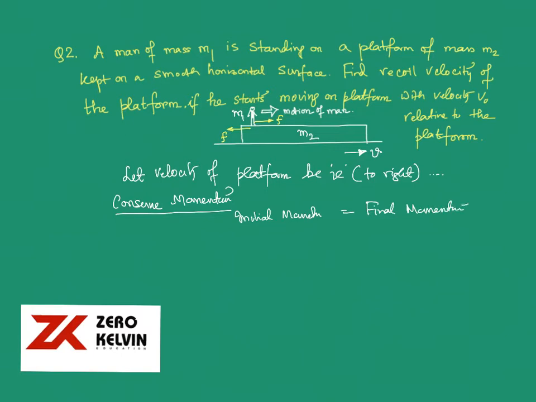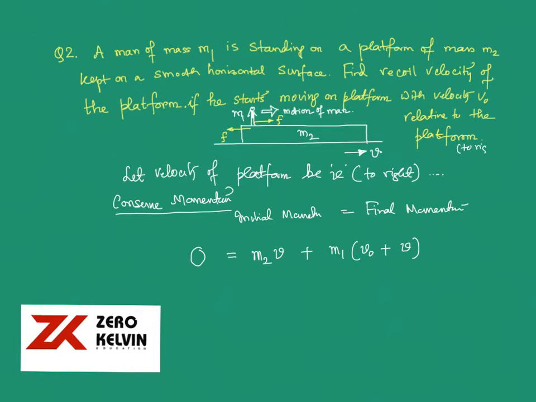Initial momentum is 0 as all the particles, the plank and the man, were at rest. So final momentum for the plank is m2 v, for the man it is m1 into (v0 plus v), because it is given that the man starts moving on the platform with velocity v0 relative to the platform, and that too is given towards the right.